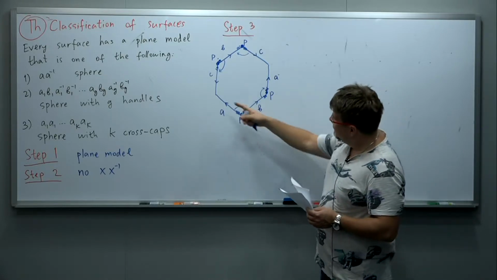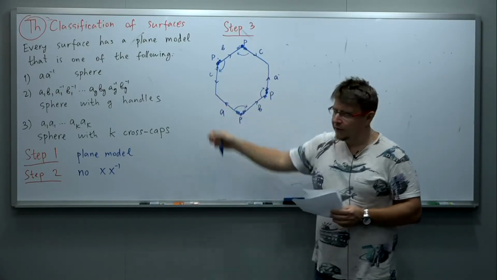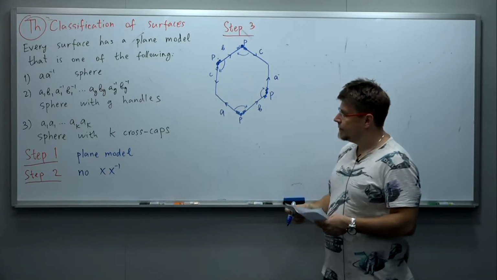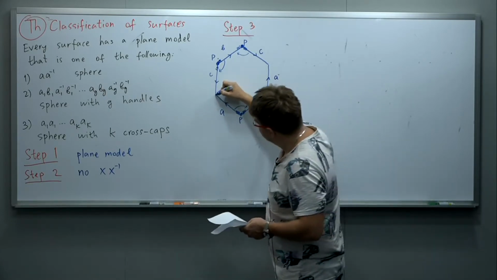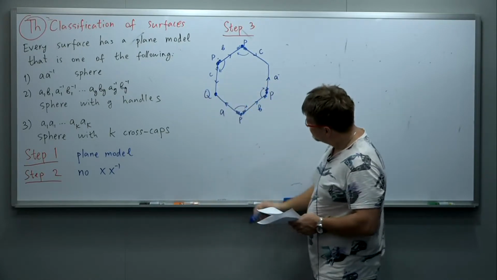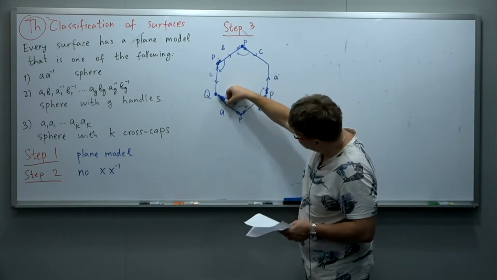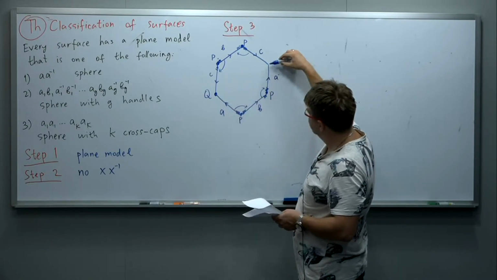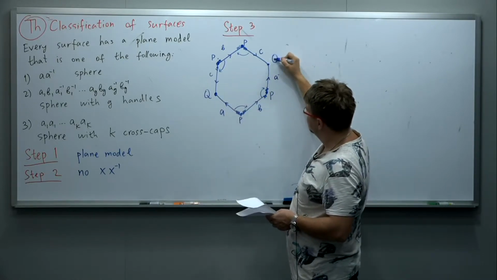But that's not it, right? Because we also have two other vertices of the polygon that apparently represent a different point. So this is, say, some other point, maybe Q. But then Q is found in the head of A, and that's another copy of the head of A. So this is also Q.